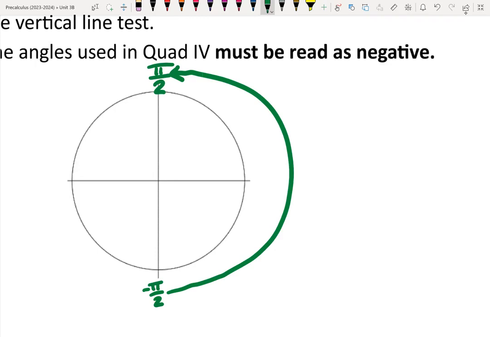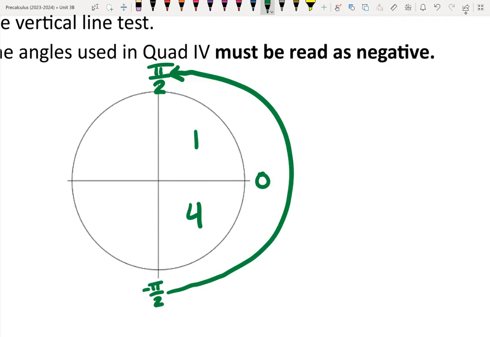If I'm going from negative pi over 2 through 0 over to positive pi over 2, quadrants 1 and 4. And it ends up that those are the only two quadrants that we involve when we are looking at sine inverse.